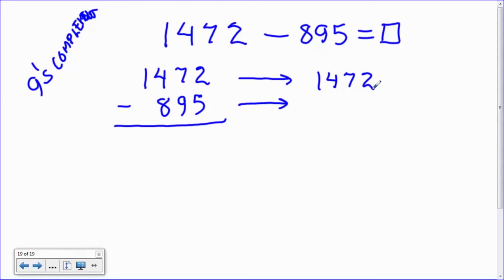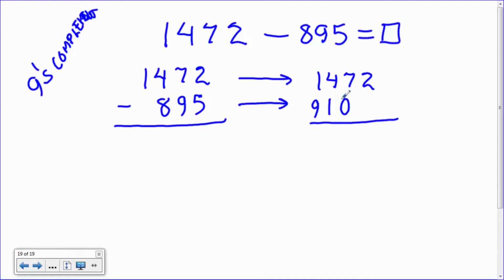So I have to take the 9's complement with every digit that's underneath the minuend, including the 0 digit that's under 1. So if I'm looking at the digit that's under 1, it's a 0, and its 9's complement, 9 minus 0, is 9. So there's the complement for the 0 digit. And then I complement 8 with 9, which means 9 minus 8 is 1. And then 9's complement with 9, 9 minus 9 is 0.